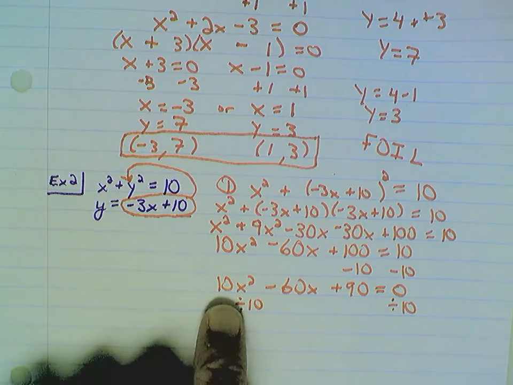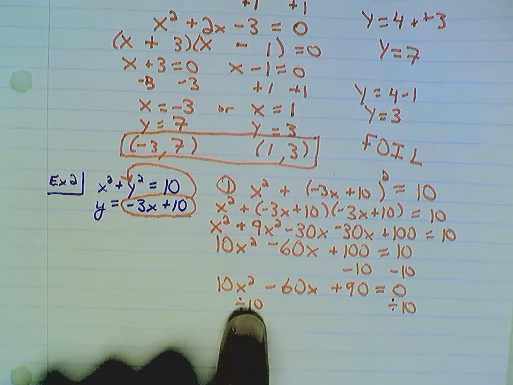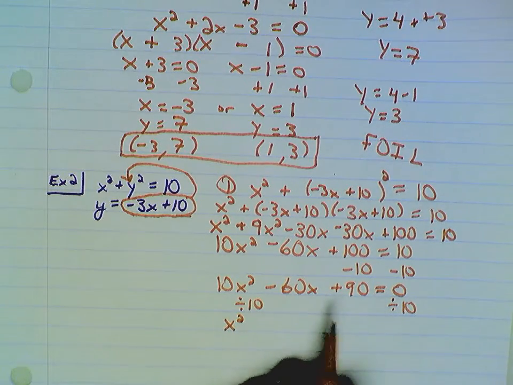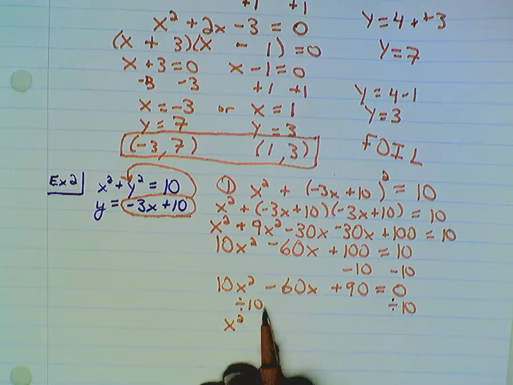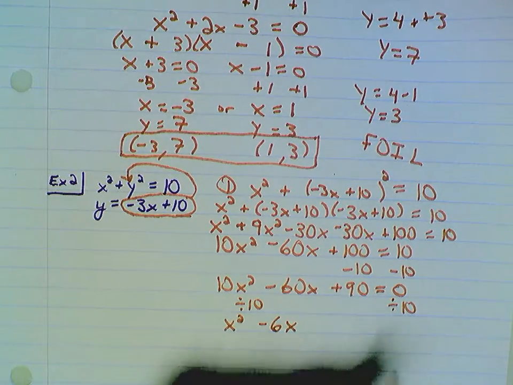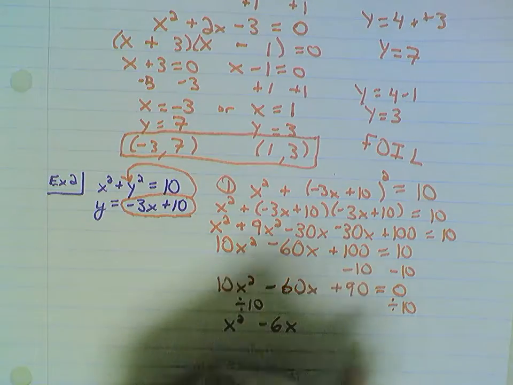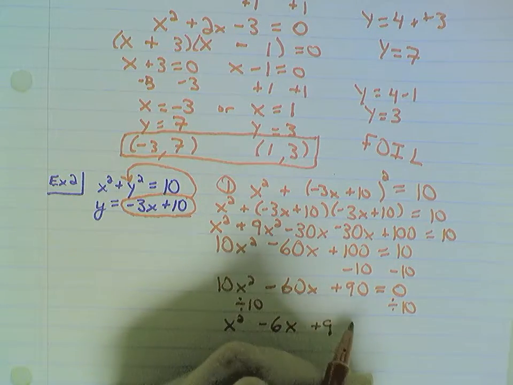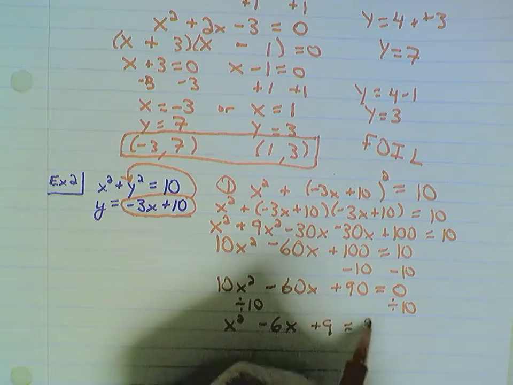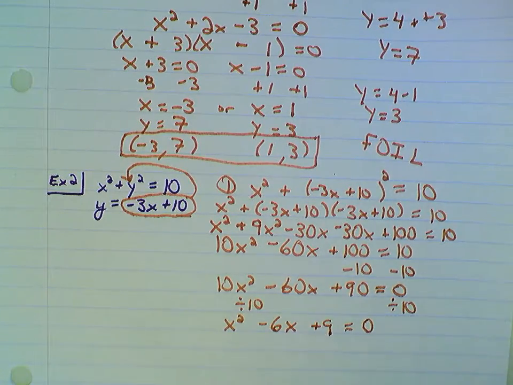Now if I go ahead and do this, 10x squared divided by 10 is just going to be x squared. Negative 60x divided by 10 is going to be negative 6x. And then 90 divided by 10 is going to be a plus 9. And then that'll equal, well, if I take 0 divided by 10, I just get 0. Okay? So I've simplified the quadratic as much as I can.